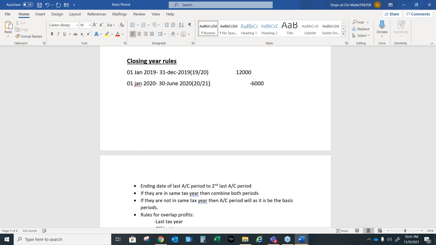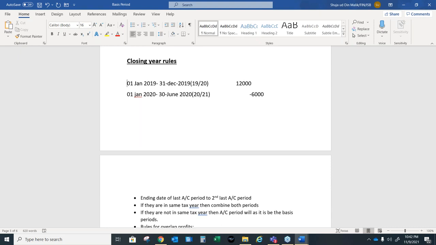So it is a clear case of both falling in different tax years. When they both fall in different tax years, you simply have to do nothing, but this accounting period becomes your basis period. I hope it is clear for you.